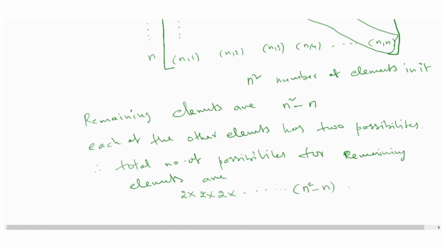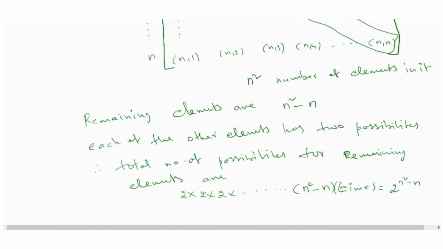So 2 is repeated n square minus n times. So it is nothing but 2 power n square minus n.